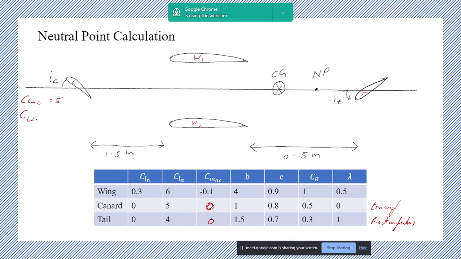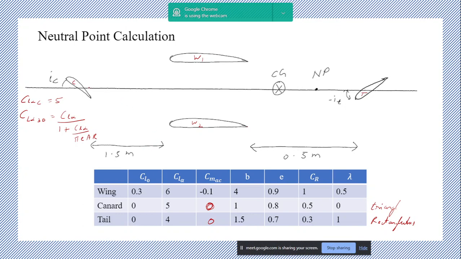Yes, so Cl alpha 3D is, what was the relation? Do you remember what the relation was? How do you relate the coefficient of lift of 3D wing to 2D airfoil? Okay, the equation was 1 plus L. Yes.